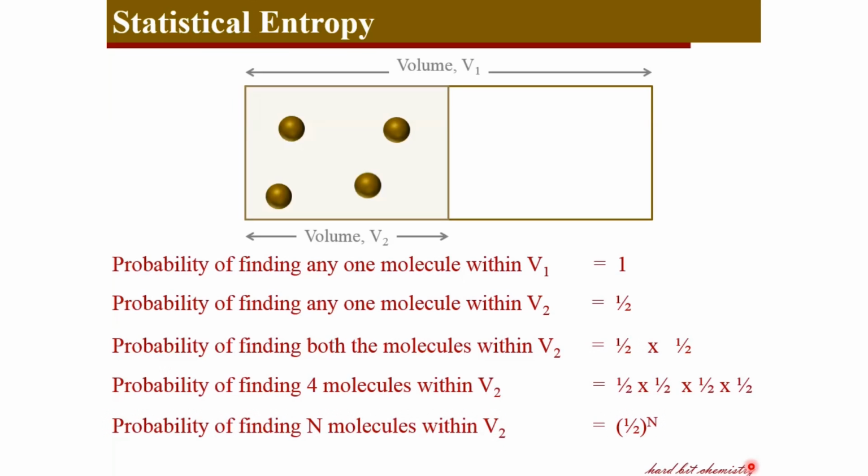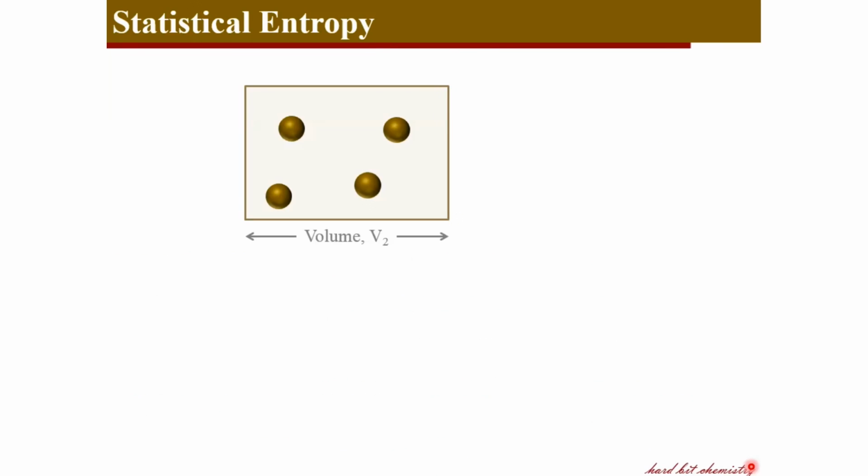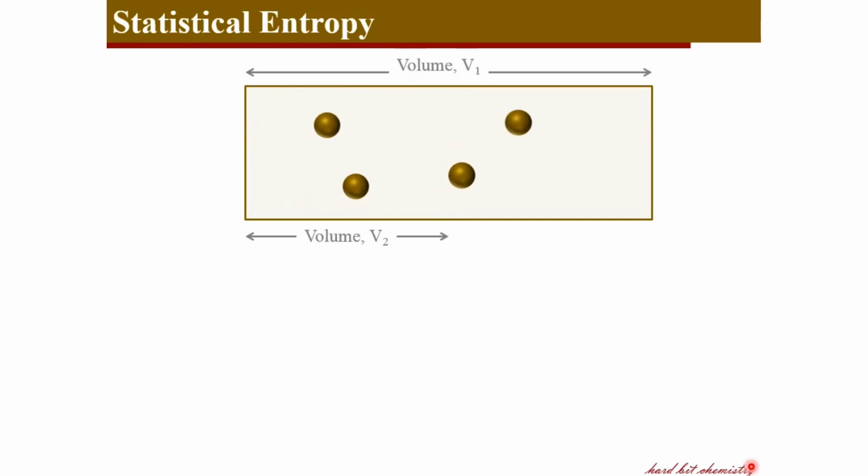So the probability we can see is a function of volume and the number of molecules. So I can relate the probability of finding n number of molecules within this given volume V2 as V to the power n. Now let's consider this small chamber of volume V2 and my gas is expanding to a larger volume V1.